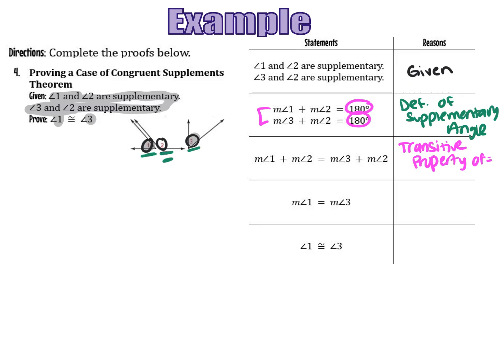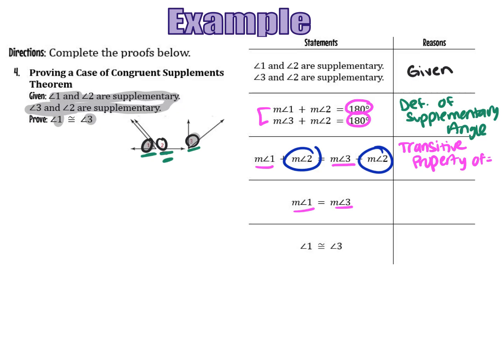Then I'm asking myself the questions that I talked about in that flowchart proof. Looking from here to here, is something completely different? Or have I just slightly modified this? Well, what I notice is that I still have measure of angle 1 and measure of angle 3, but what is changing is that I don't have the measure of angle 2 anymore.